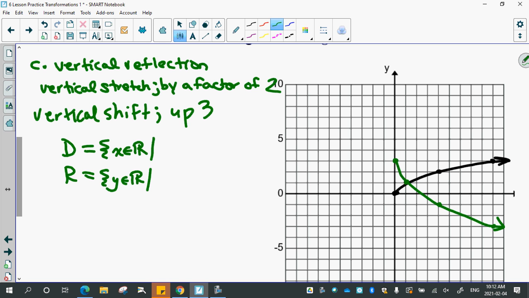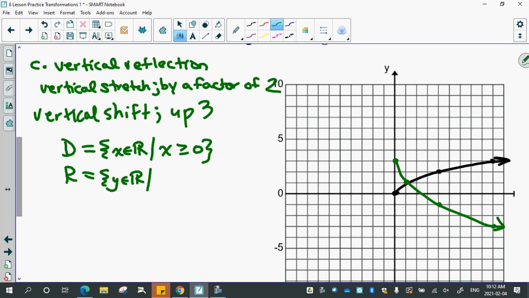Anyone think they know the domain? The green one? Yep, Doc. Every real number as long as x is greater than or equal to 0. Good. Okay, so coming across, not till here, and then everywhere after.